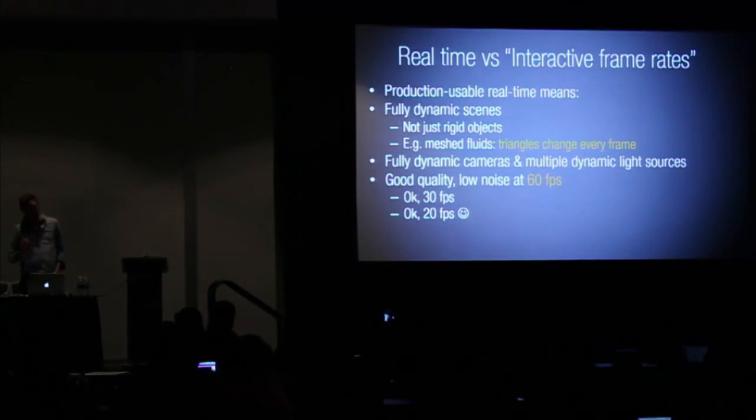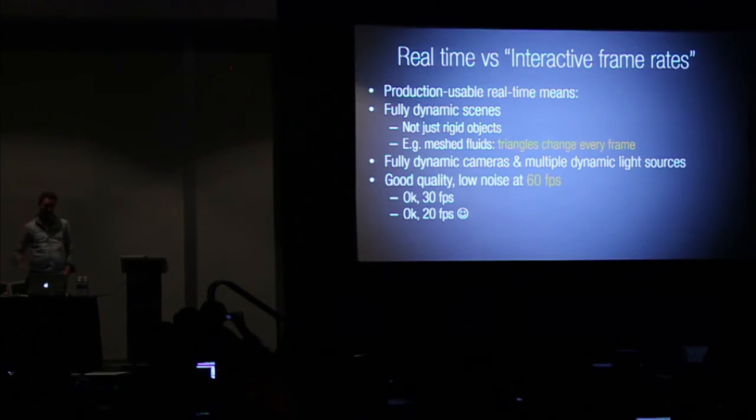So what does real-time actually mean when it comes to our goals? A production-usable real-time ray tracer handles fully dynamic scenes, not just rigid objects, but scenes where all of the triangles change every frame. I do a lot with meshed fluid dynamics or dynamically generated procedural meshes, and they have no coherence over frames.